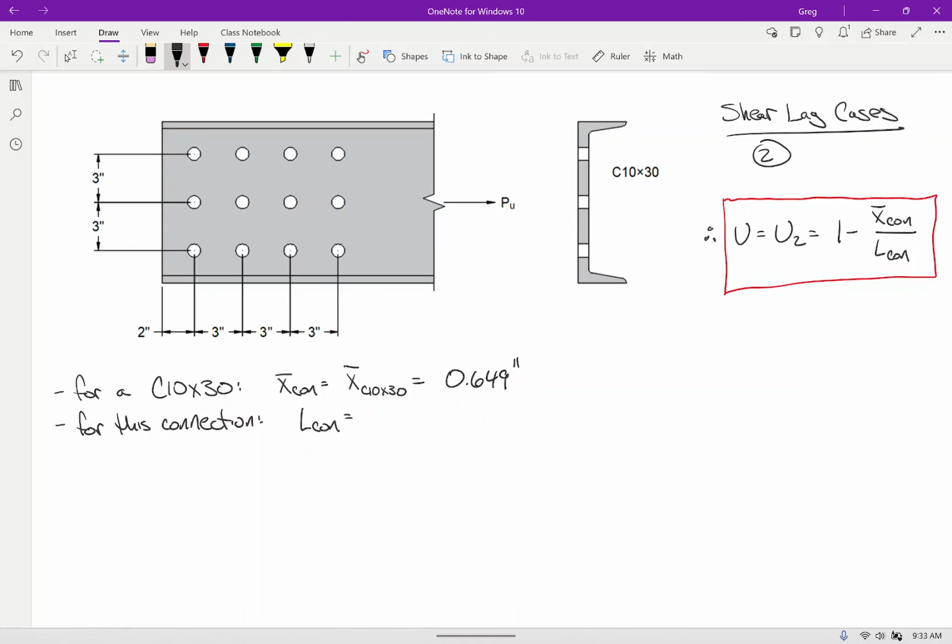So what distance is that going to be for this connection? 6 inches. Oh, I guess I should have clarified. Along the path of the load. So in the direction of the load. 9 inches. 9 inches. Okay. So we're talking about this distance right there.